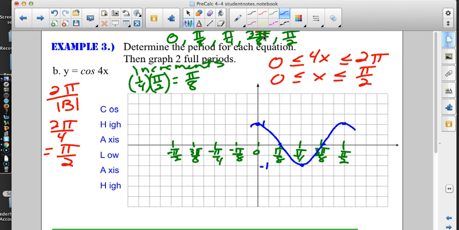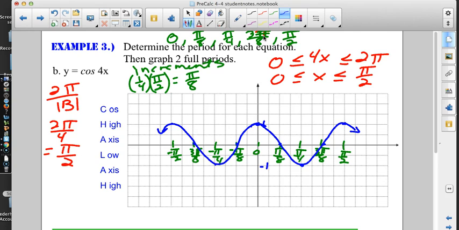Nice smooth curve. And you realize, yeah, that's 1 period, that's working. From 0 to pi over 2, we can cut and paste. Work that backwards. And we have 2 full periods. So there it is.